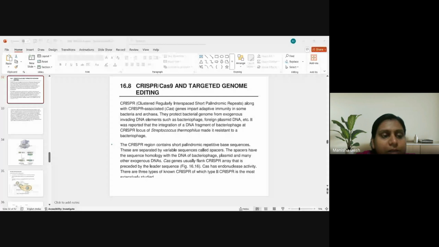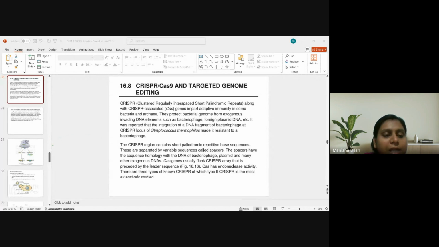CRISPR simply stands for clustered regularly interspaced short palindromic repeats, along with the CRISPR associated or Cas genes, that impact the adaptive immunity in some bacteria and archaea. They protect the bacterial genome from exogenous invading DNA elements such as bacteriophage, foreign plasmid DNA, etc.